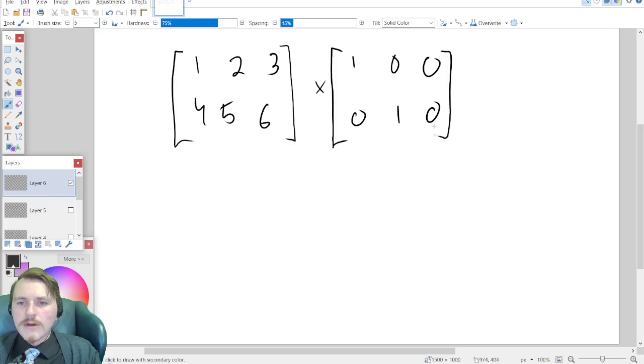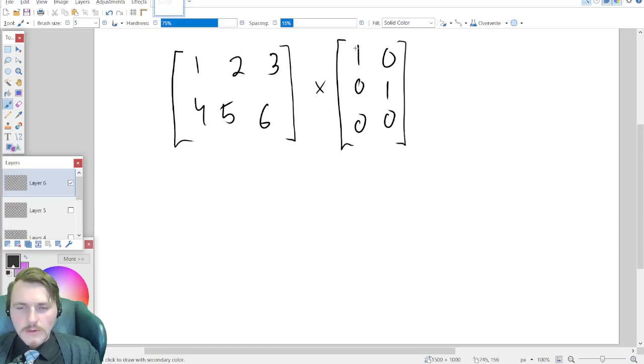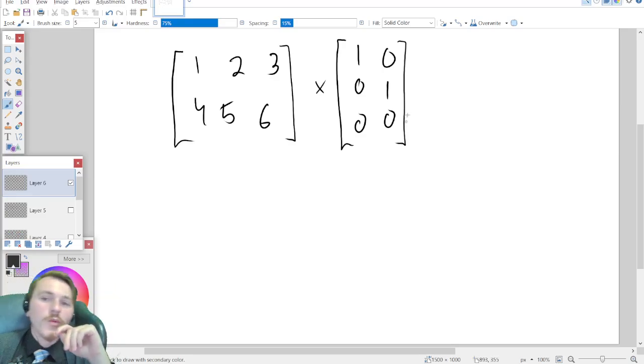Because the index of the row and column has to be the same. Well, first off, that multiplication won't work, but I'll find one that does. This one will. 1, 0, 0, 0, 1, 0. Row 1, column 1. Row 2, column 2. Row 3, there is no column 3. There is no 1 to put in there.